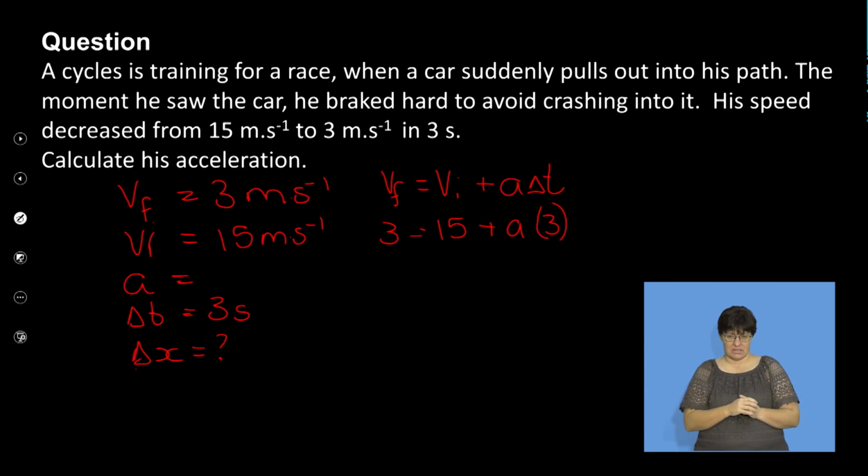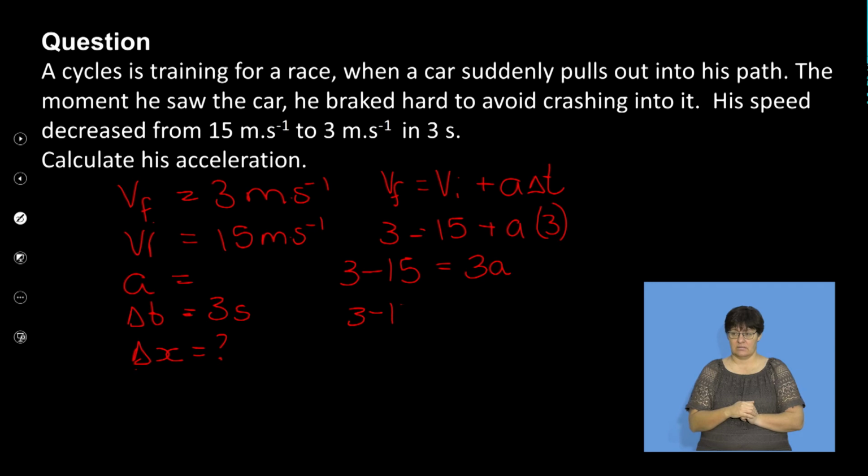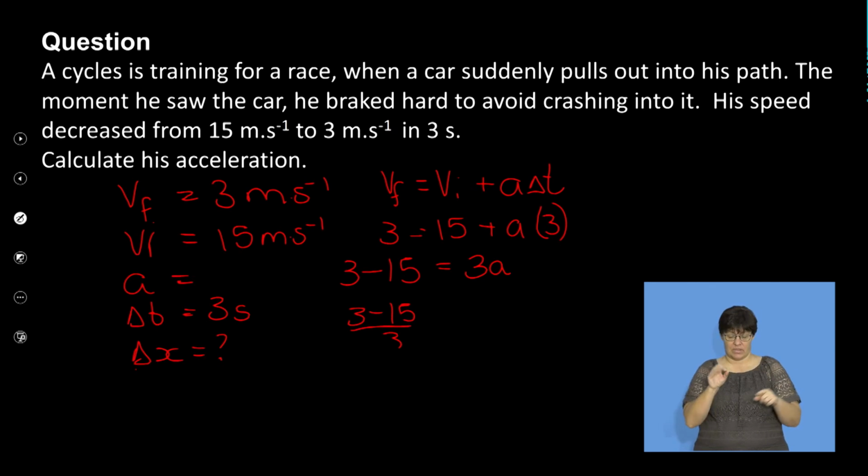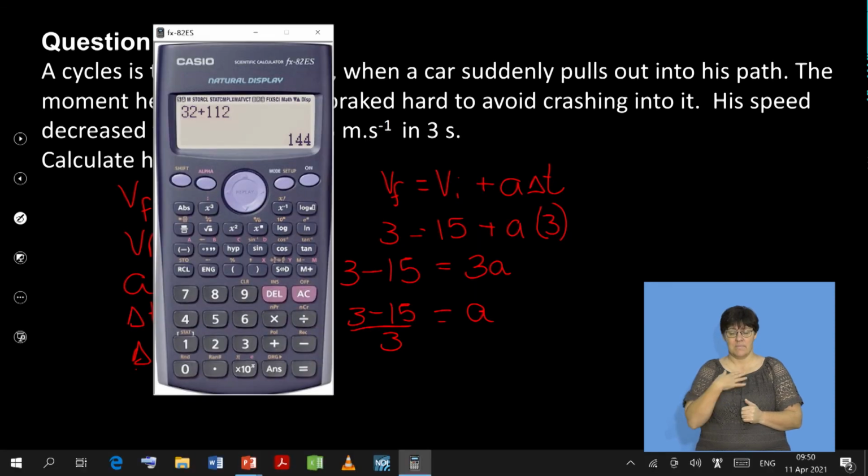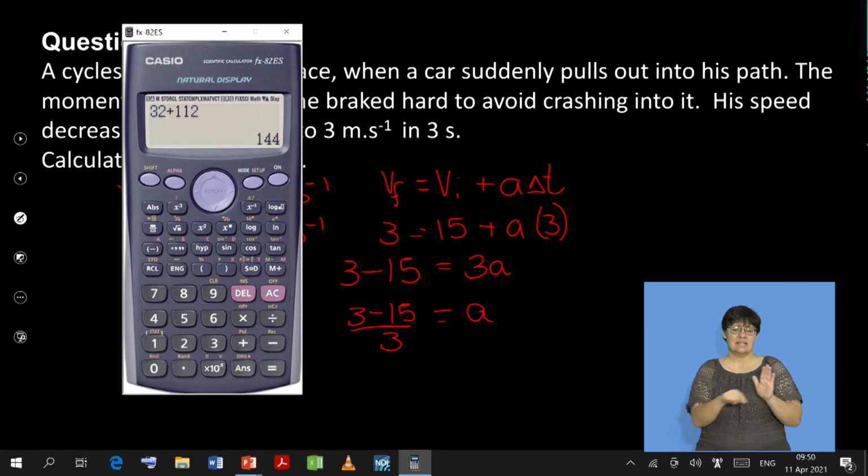I'm going to take the 15 over, so it becomes 3 minus 15 equal to 3A. And then I'm going to divide both sides by 3. Now I'm happy that I'm going to get a negative answer here.